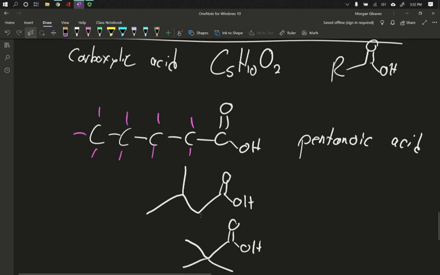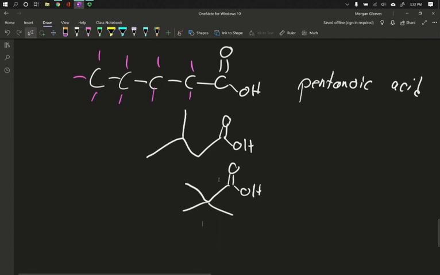Let's put 2 methyls there. Well, that changes our carbon length, but our numbering is pretty straightforward because it has to be 1, 2, 3, 4. It's got to be 1, 2, and then pick something to be 3. The others are going to be subgroups.